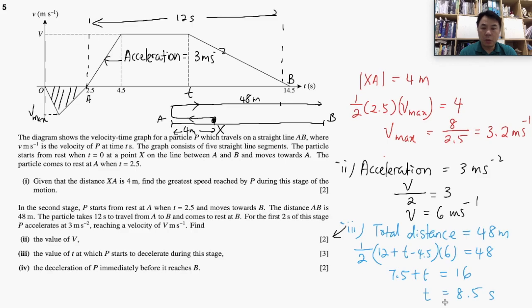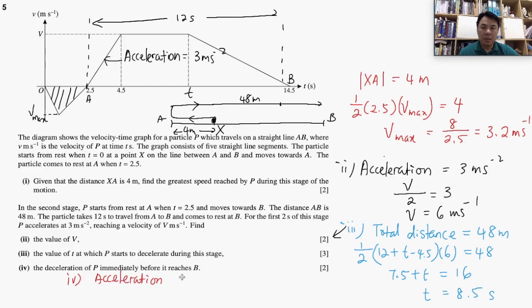Now, next one, let's see, the last one. The deceleration of P immediately before it reaches B. Well, that will be very, very obvious at this point of time. So deceleration, number 4. I will try to calculate the acceleration in this case.